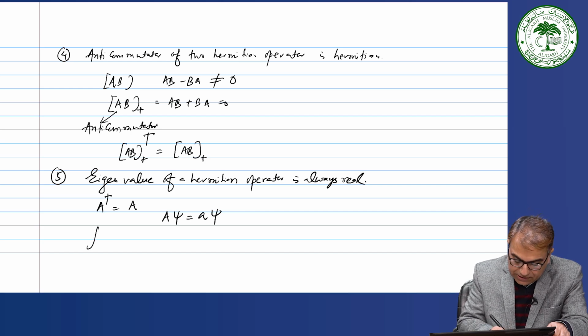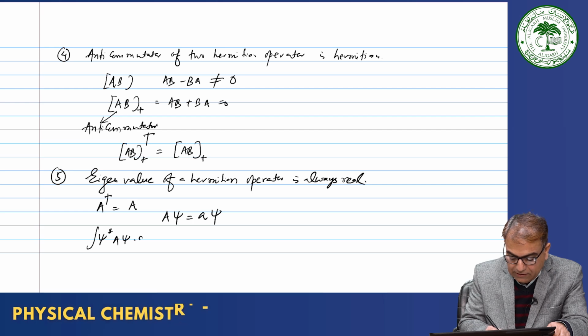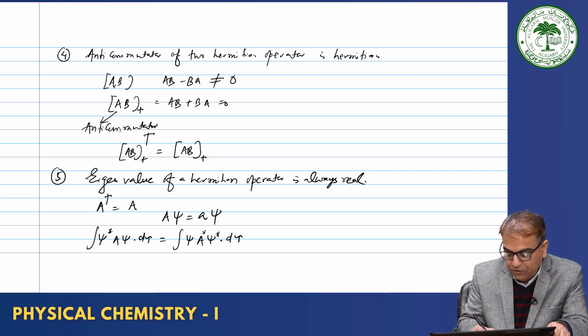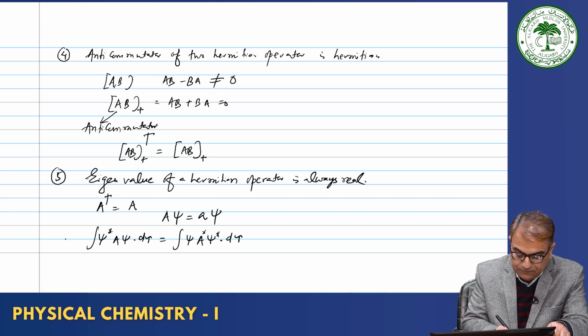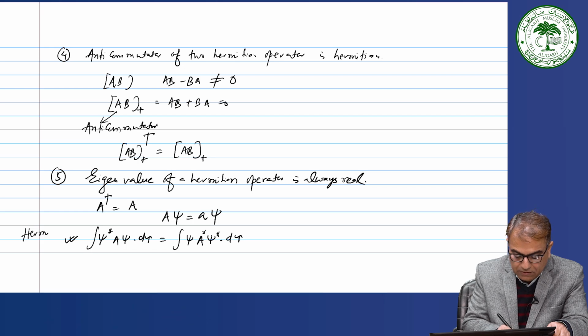Integral of psi star A psi d tau equals the integral where you change the position of first with third, and then write d tau. This is the Hermitian condition which we talked about.